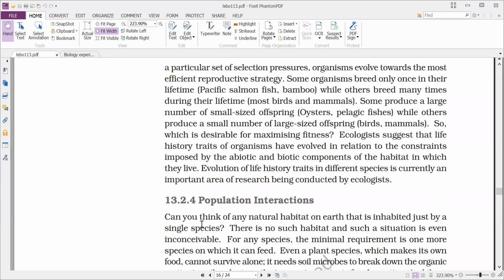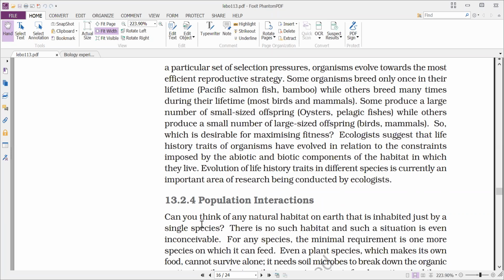Mostly if the organism is larger in size, usually they produce few offspring. But if the organism is smaller in size, usually they produce a large number of offspring, small sized offspring like oysters, and some fishes, pelagic fishes.